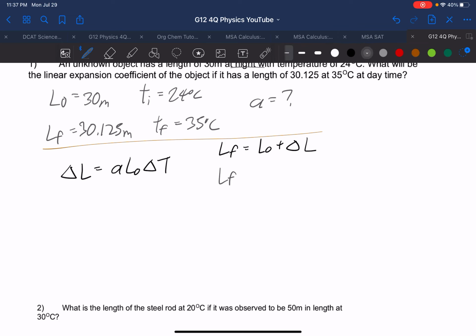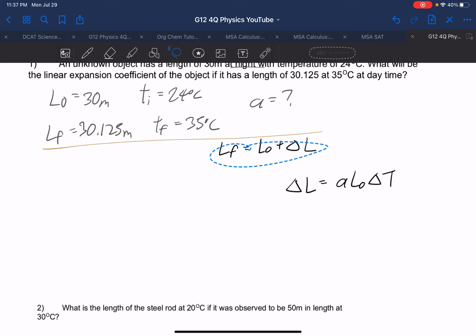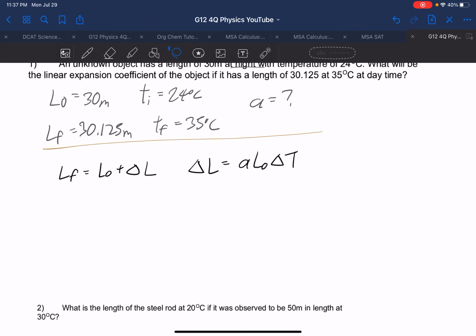Let's do this first. LF minus LO, that is 0.125 meters.